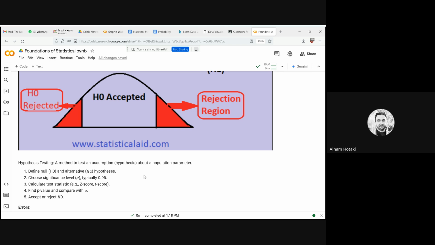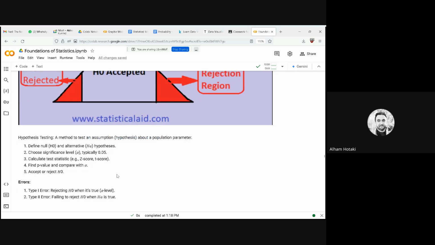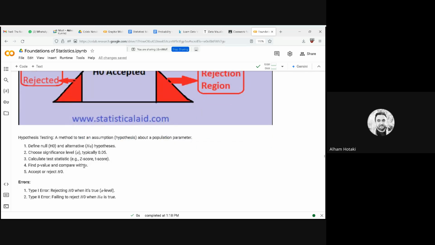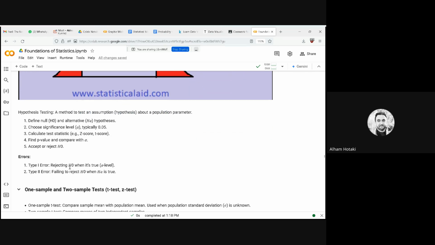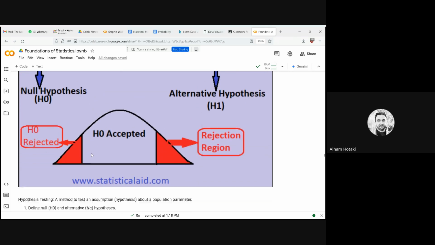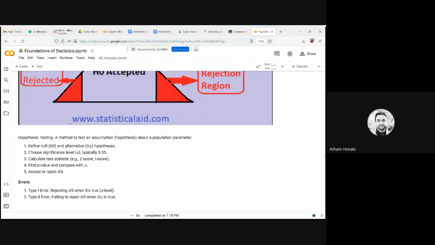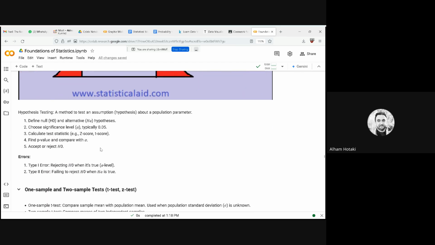Then we calculate the test statistic, for example the z-score or t-score. Then we find the p-value, compare it with alpha, and accept or reject the null hypothesis.